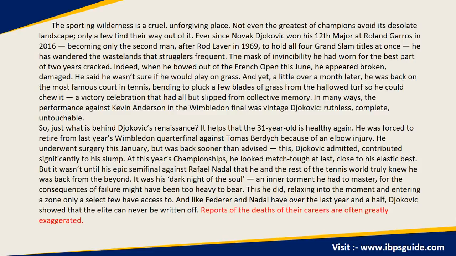And the reason that happened was because he suffered an elbow injury and he had surgery and he came back before it was completely healed. Due to that, he was not able to perform well. But this year, he came back and he performed really well. He won the semi-final against Rafael Nadal and he won the finals against Anderson. So that is the gist of the passage. Let's take a look at the remaining questions.